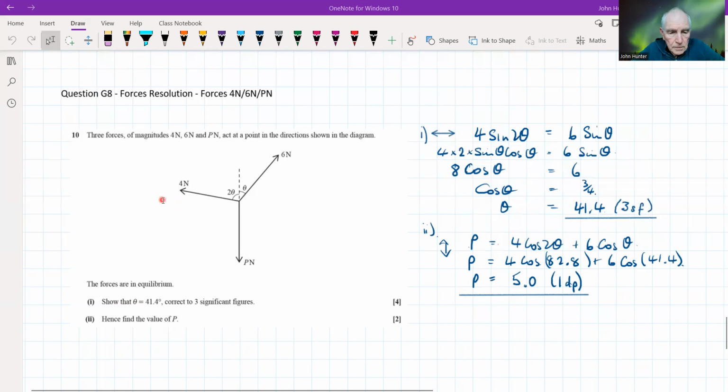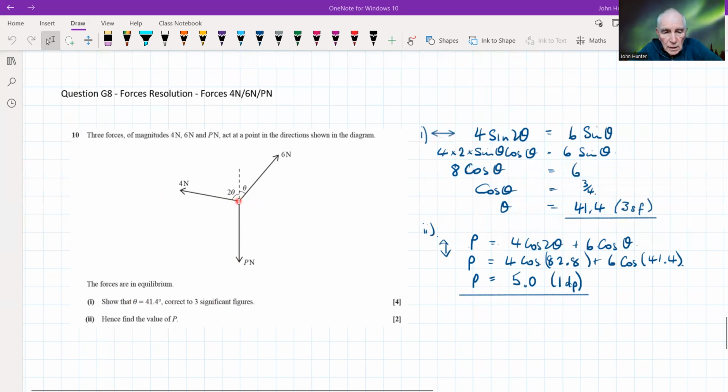If we're just looking in the horizontal direction, P doesn't come into it, and the only unknown in the horizontal direction is theta. So we'll do that first, because that's what we need to solve for. Theta. So let's have a look at the forces in the horizontal direction.